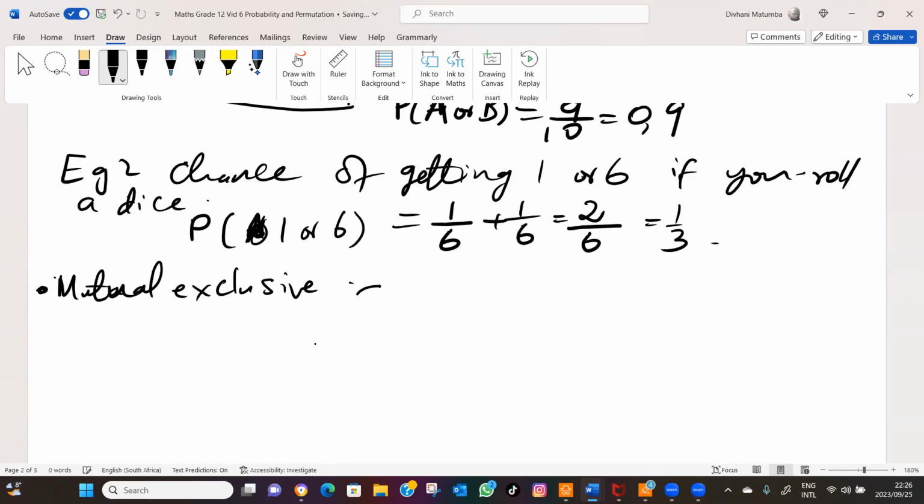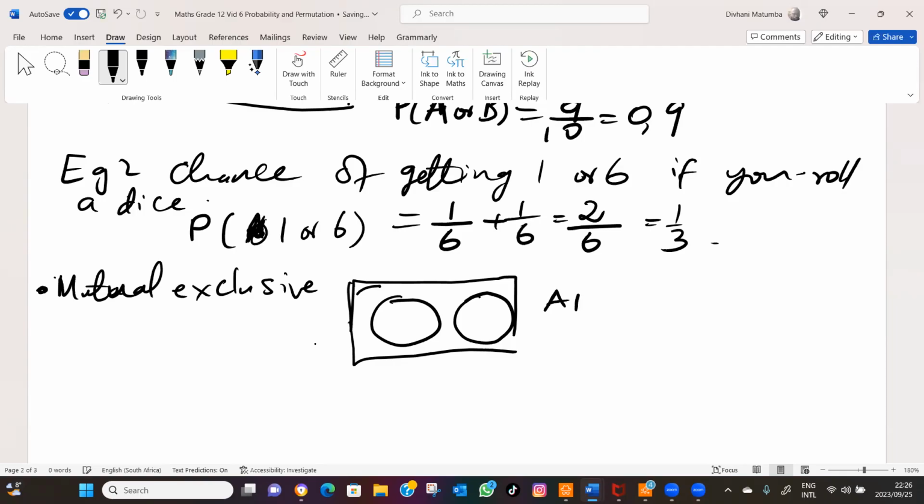Now, this is a mutually exclusive event, A and B. There's no relationship between event A and B. A mutually inclusive event is when the two events cross each other.